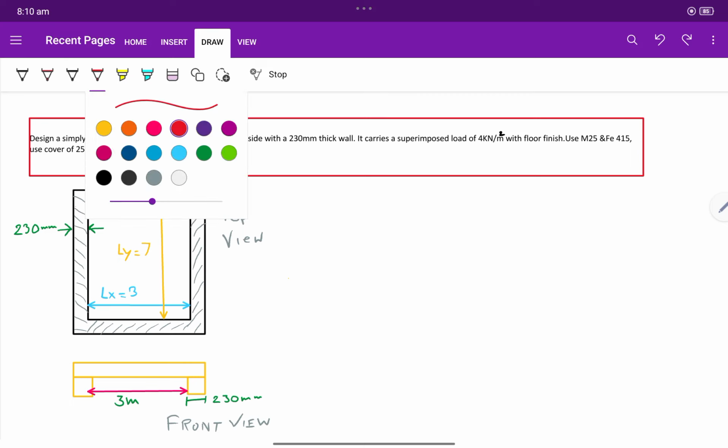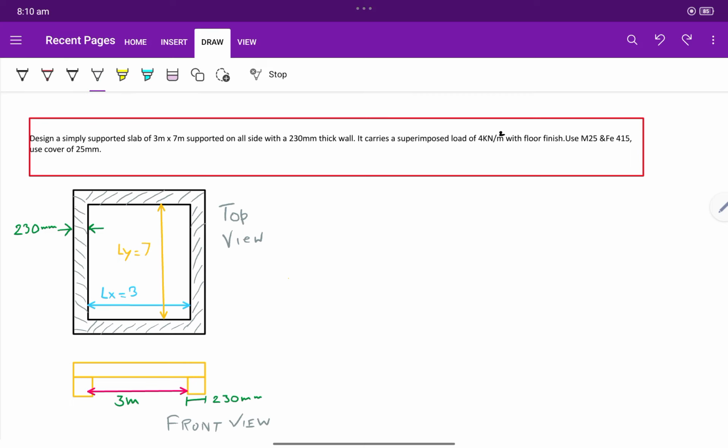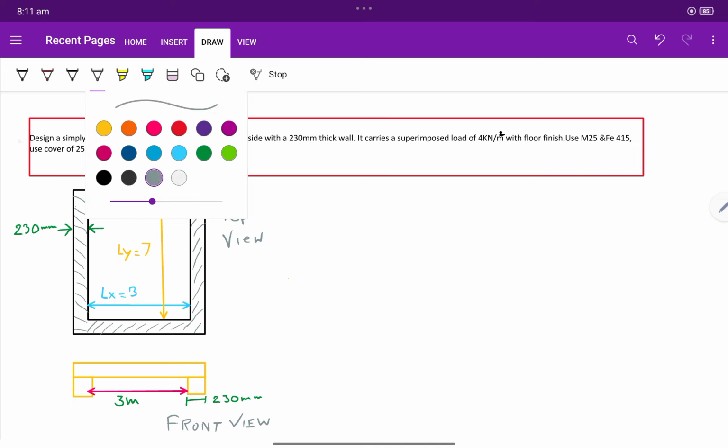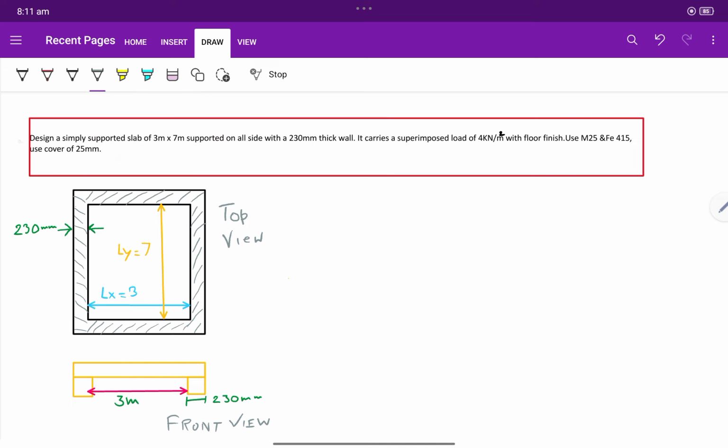See the given, we will check it once. Okay, so this is the numerical. Design a simply supported slab of 3 meter into 7 meter, supported on all sides with 230 mm thick wall.